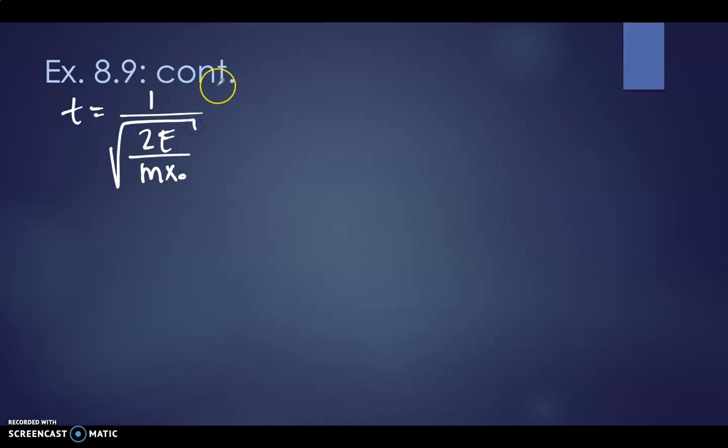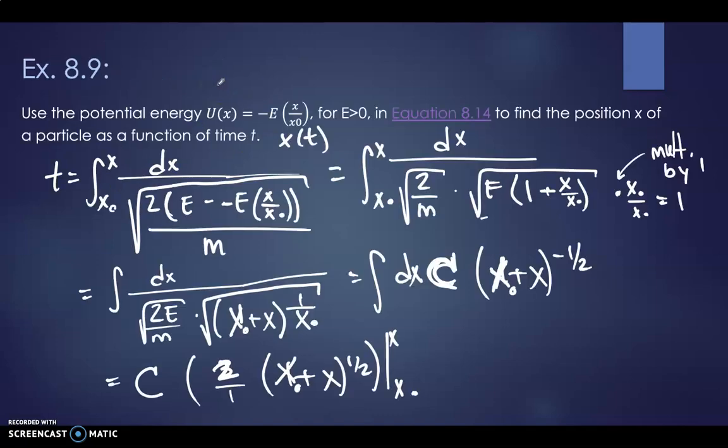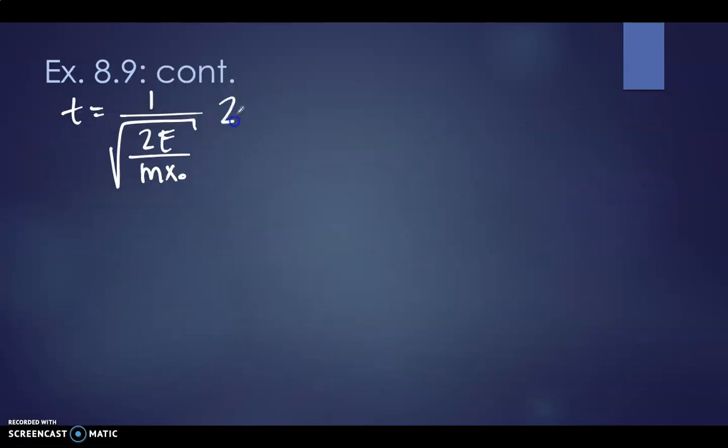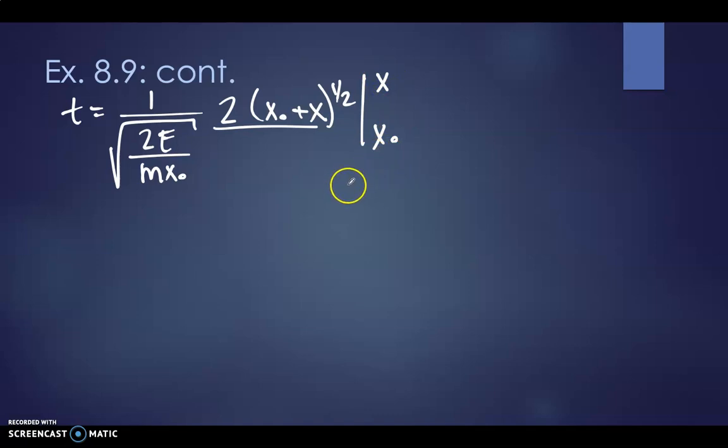So square root of that. Now we have the integral that we just took here. So that'll be 2 times, or divided by, actually no, times x naught plus x square root. So this is from x naught to x. Okay.